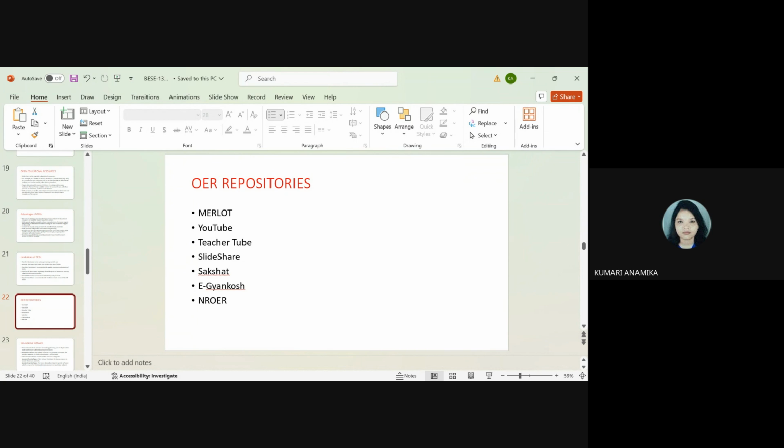Thus, we can say that Merlot is associated with institutions, various educational organizations, partnering institutions and other industries, and all those stakeholders contribute educational resources to Merlot. Merlot is a platform where educationists contribute these online educational materials.